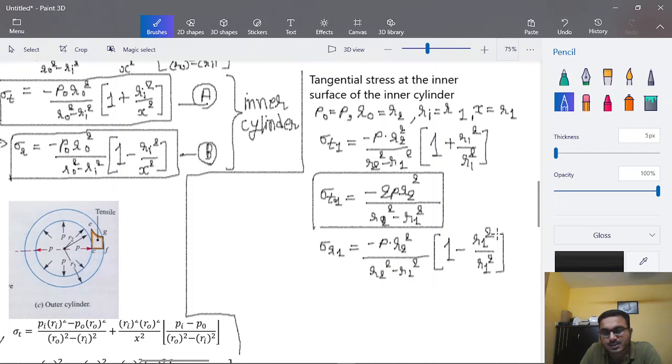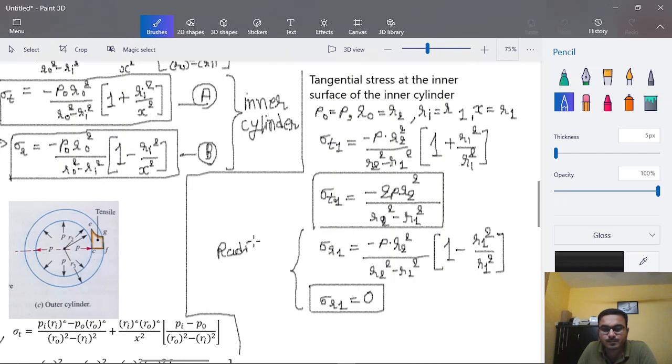As you can see, sigma R1 will be equal to 0. So we have calculated the tangential stress, and this portion is the radial stress. Now let's copy this portion in our slide.